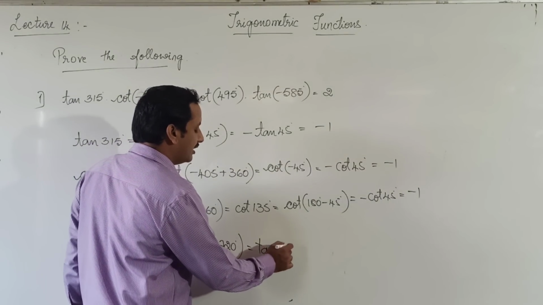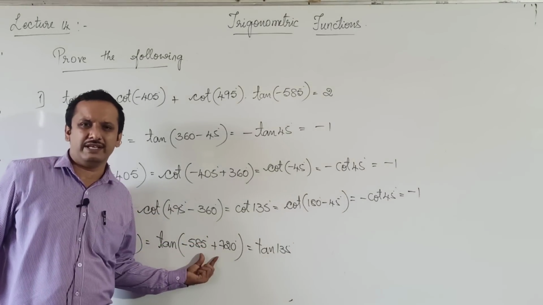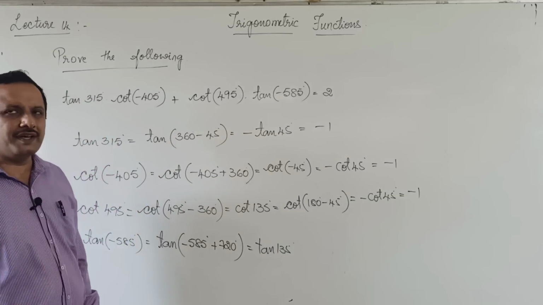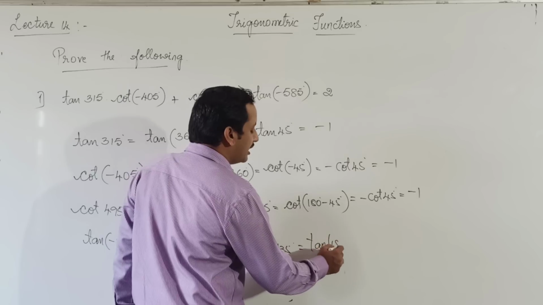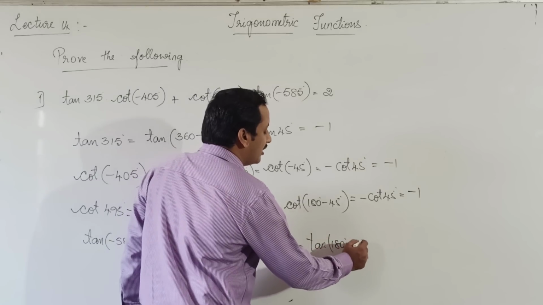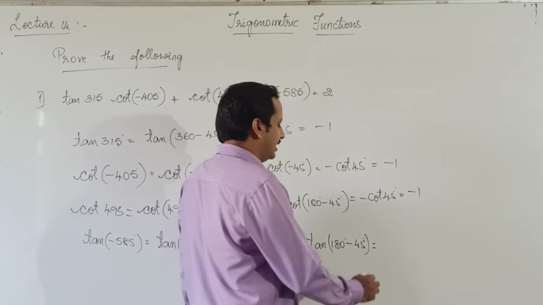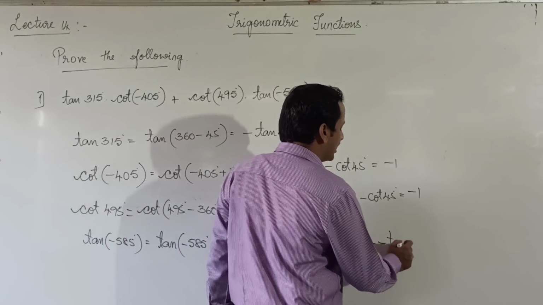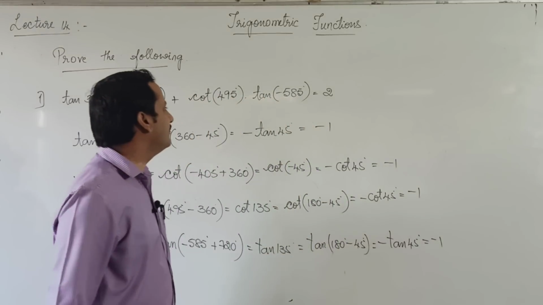Tan 135 degree, right? 720 degree minus 585 degree is equal to 135 degree. Tan 135 can be written as 180 minus 45. Tan 180 minus theta is equal to minus tan theta, that will give you minus tan 45 degrees. So this is also equal to minus 1.